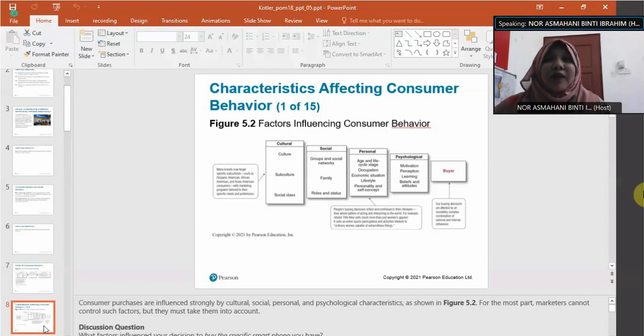Mana pula kalau ada contoh. Did I give an example before this, the microwave story? Pernah bagi tahu tak? Contoh lah. Kita pasal microwave, satu ketika.